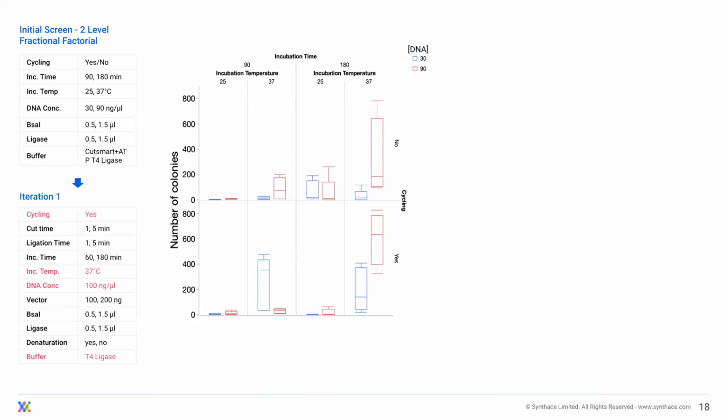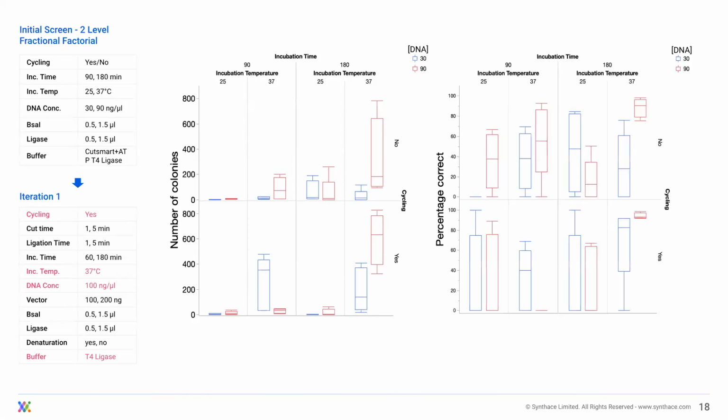But of course, this isn't the only response I might want to look at. I might have more than one response that I'm measuring. And in this particular example, we were measuring the number of colonies that we're getting back after transformation, but we were also looking at the percentage of those colonies that had the correct genetic construct in at the end.